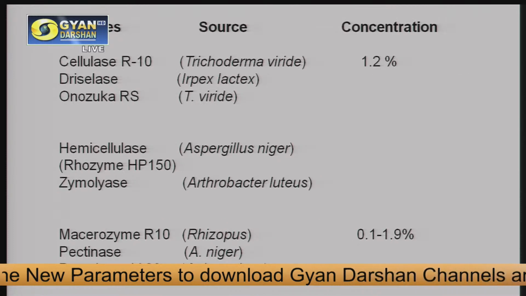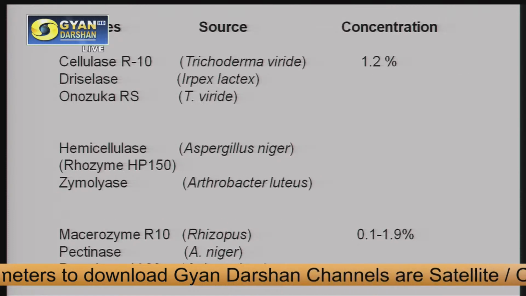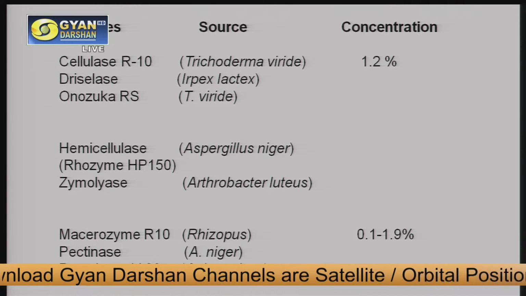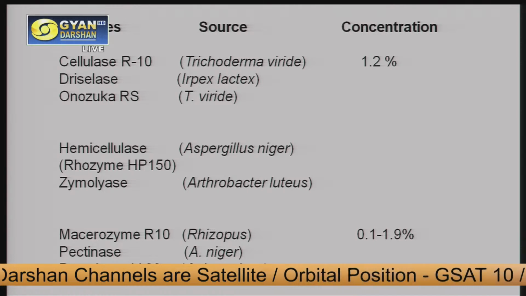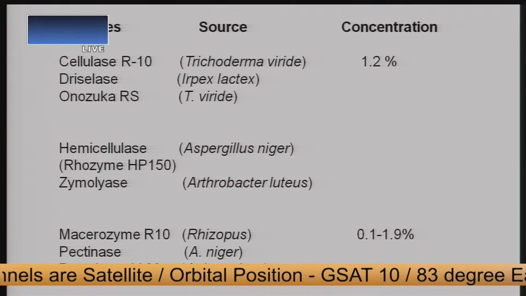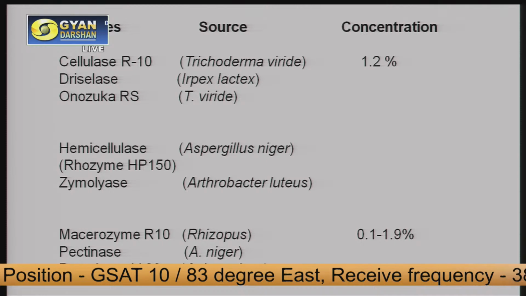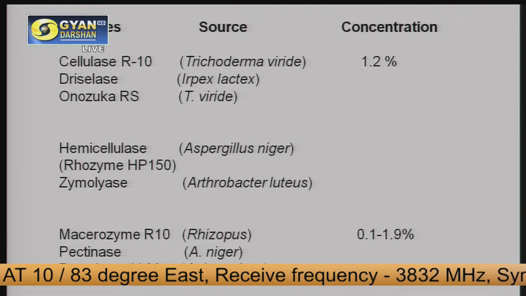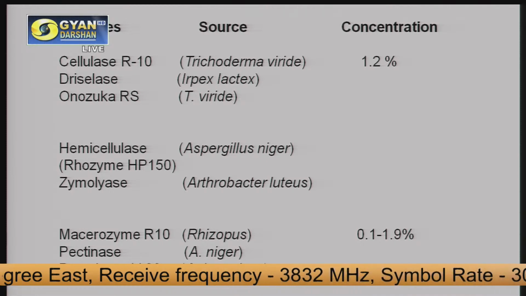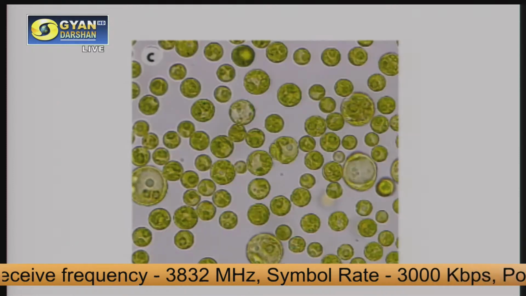You can use the different enzymes as I have listed here: cellulase, driselase, hemicellulase, pectinase, pectolyase. Again they come mostly from fungal sources, like Trichoderma, Aspergillus, and Rhizopus, and you can use them at different concentrations.